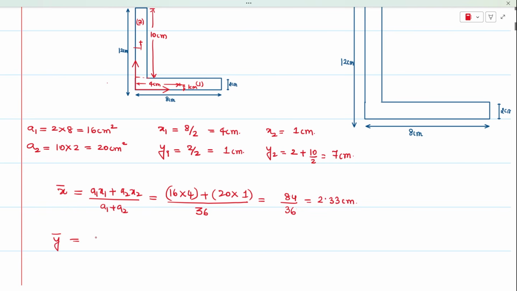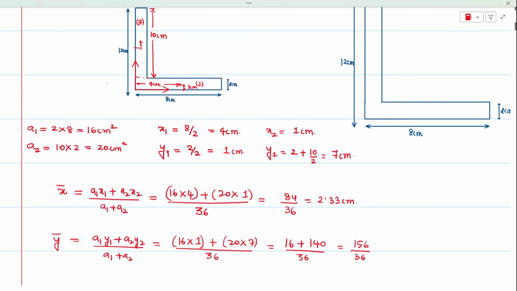In the same way, y bar will be a1 y1 plus a2 y2 divided by a1 plus a2. This is 16 into 1 plus 20 into 7 divided by 36, since a1 plus a2 is 36. So this is 16 plus 140 divided by 36, which is 156 divided by 36.